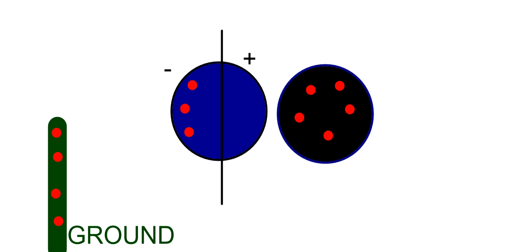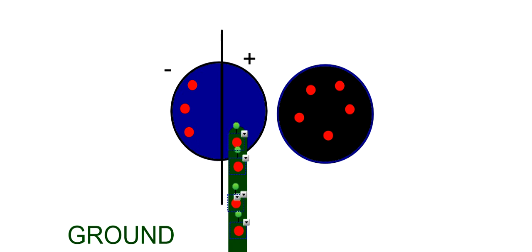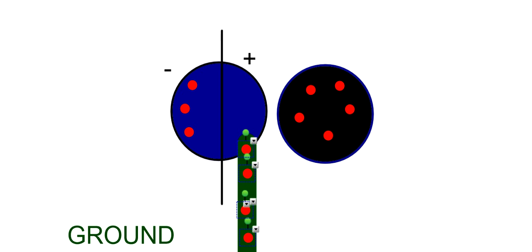Then I'm going to bring the ground in, but notice that the atom is still neutral because it still has a total of 3 electrons in there. I touch it, and these electrons don't want to be anywhere near this atom, so they rush into the ground source this time, and they just disappear. Then I remove my ground.